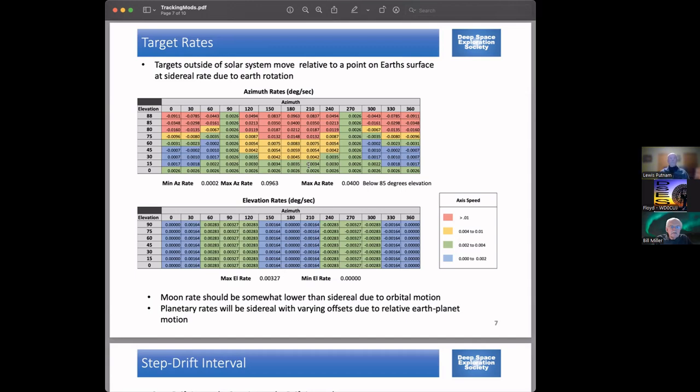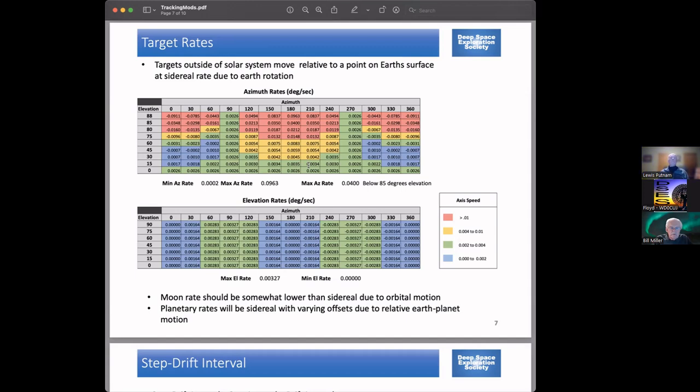And let me see. So that's sidereal rates. The other things that we track for moon bounce, we track the moon rate. And the moon actually orbits the Earth in the same direction as Earth rotation.